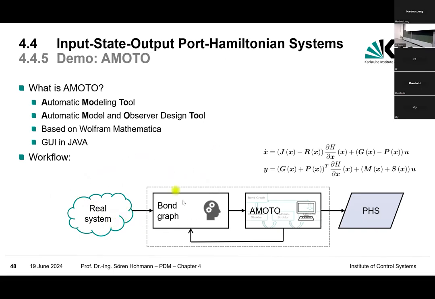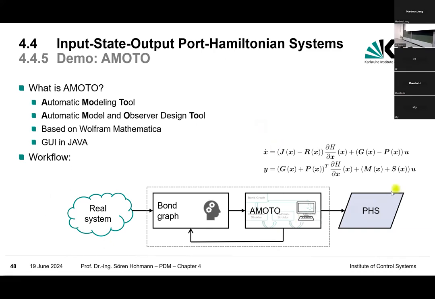We have a real system, a bond graph representation is possible, and then there exists a tool which is called AMOTO, due to automatic modeling tool, and in addition, we could use something where we can completely automatically design observers with this, so observe states in the system.